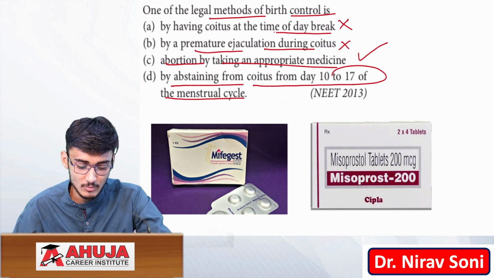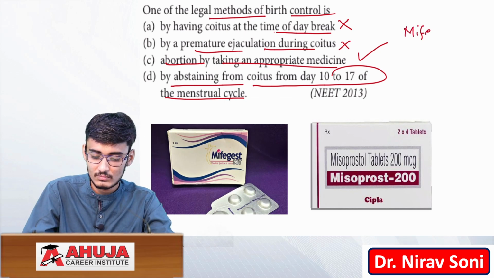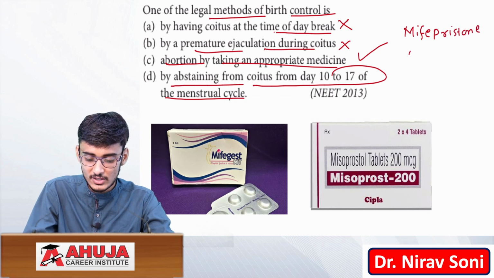Abortion by taking an appropriate medicine like mifepristone and misoprostol. This is called an ideal contraceptive drug. Mifepristone and misoprostol.